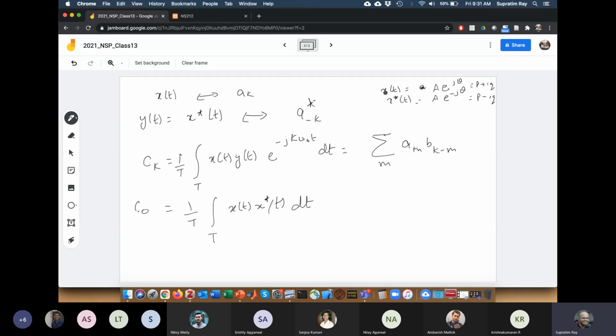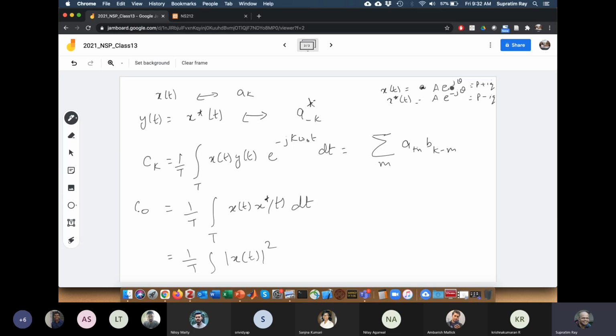The product of a signal with its conjugate is always a positive real number, which can actually be written as the mod of x(t), squared. The mod here is just a.